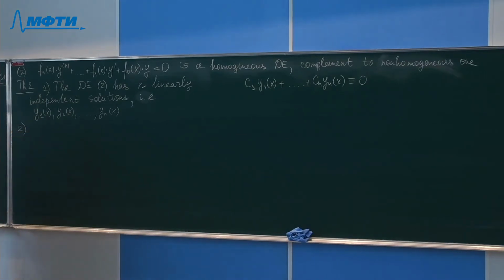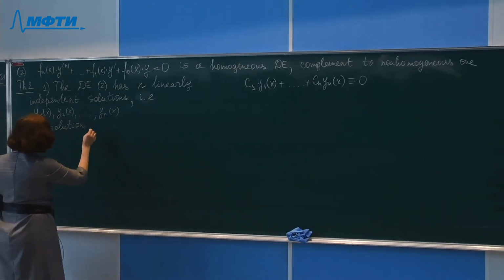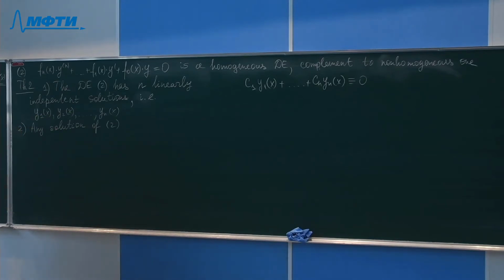Well, statement number 2. This statement was proved during the previous lecture. Any solution of the homogeneous differential equation 2 can be represented as the linear combination of these n linearly independent solutions.